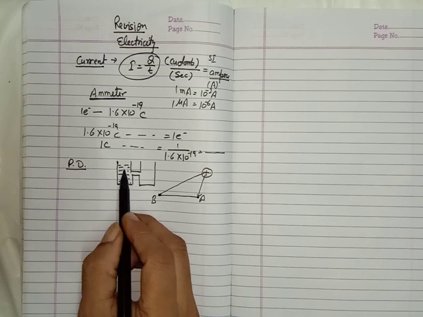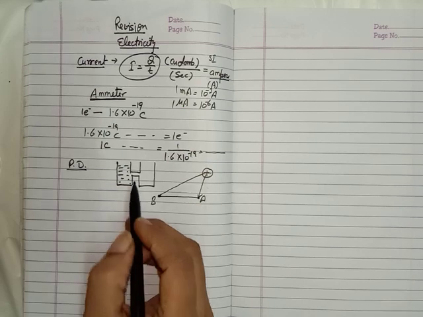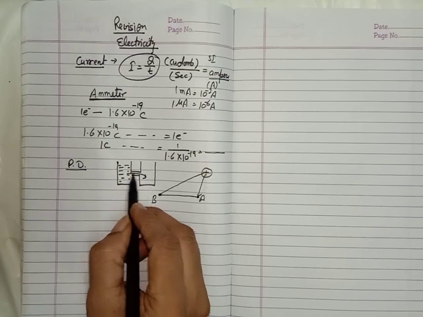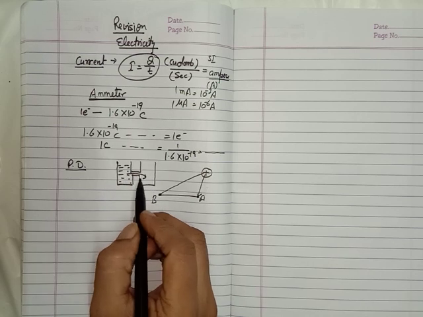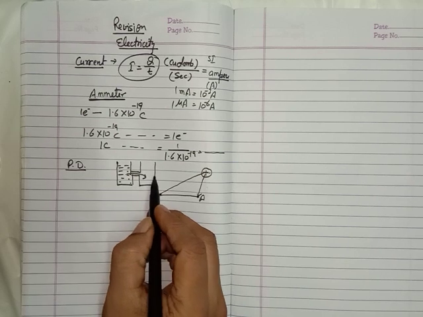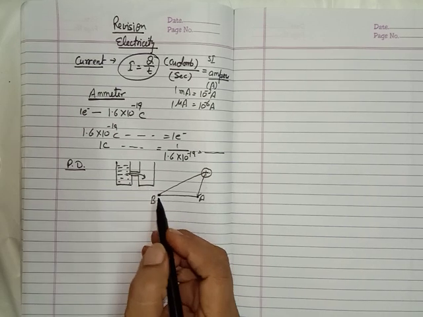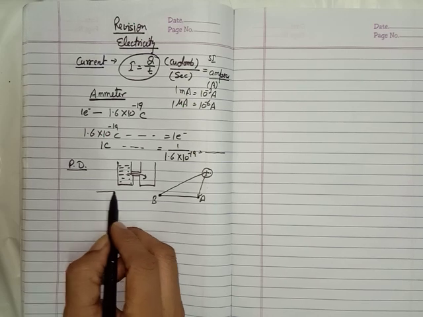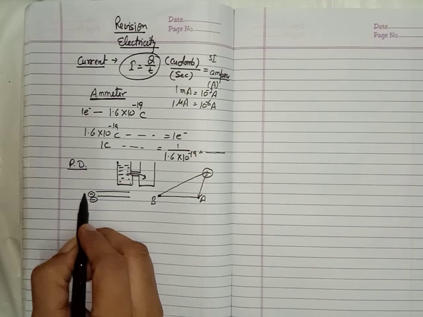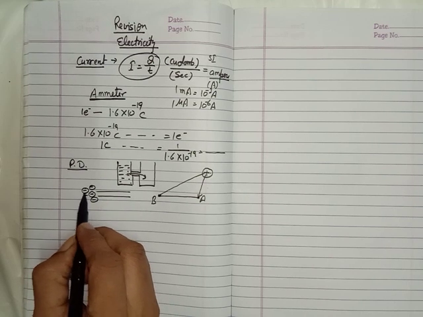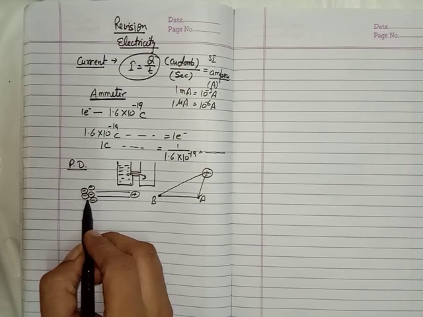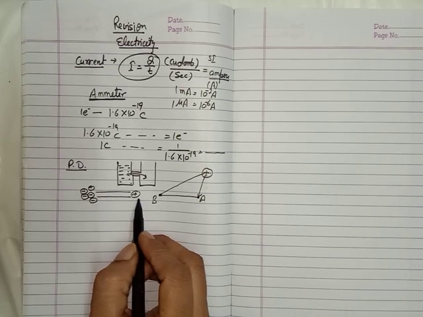Now if we fill water in this container, this water will flow to the other container till both containers have the same level of water. This is the same for the current. It means a current will flow from one point to another point, because the number of electrons, the number of charges, is much higher at this point. So there is a large number of charges here and no charges here. So what will happen?